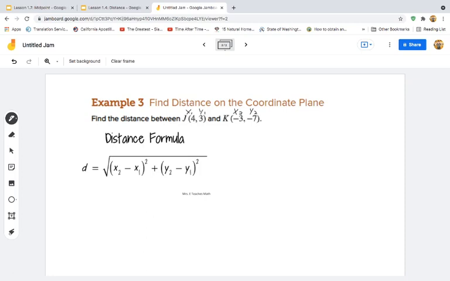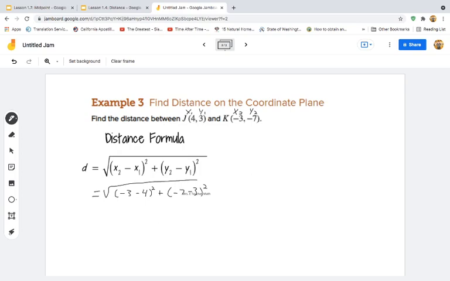All right. So with that, let's go ahead and just plug everything in. So we have d equals the square root of x2. x2 we said was -3. Minus x1 we said was 4, all squared, plus y2 we said is -7, minus y1 we said was 3, all squared, like that.